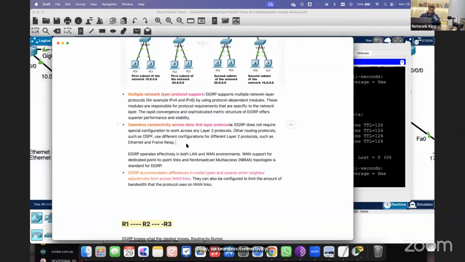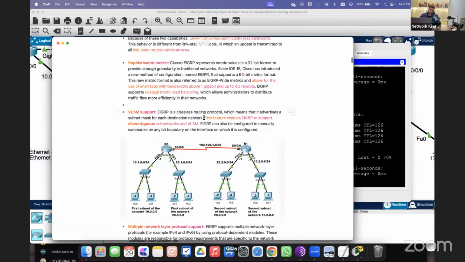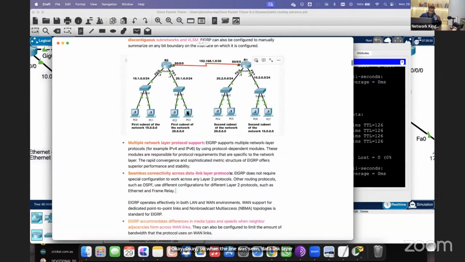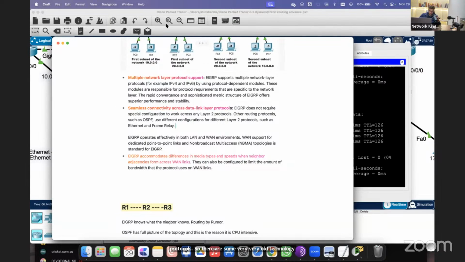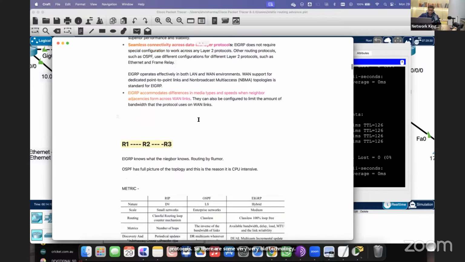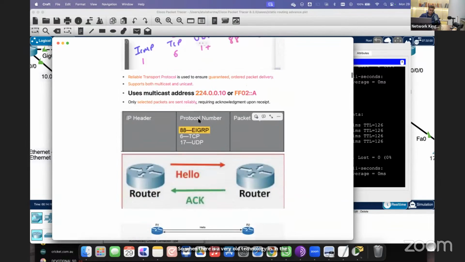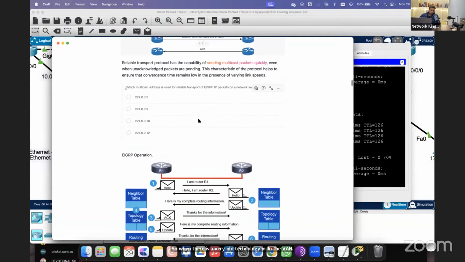Okay. So when the line was saying data link layer protocols, there are some very, very old technologies. In the WAN there are very old technologies, like frame relay, even before MPLS.